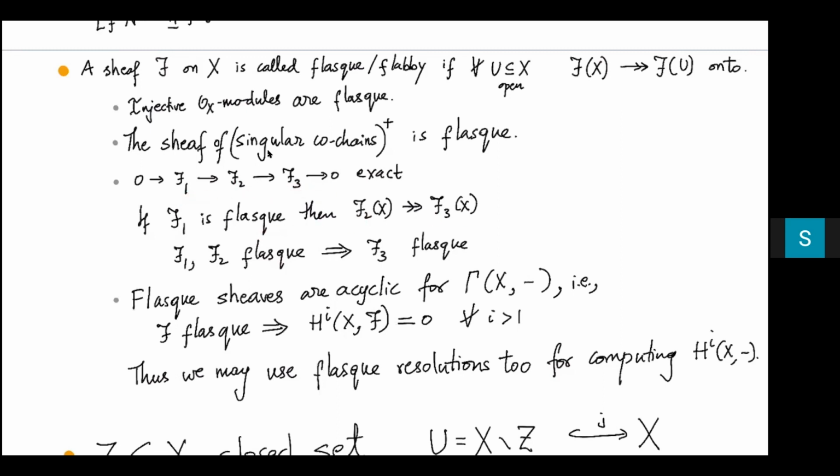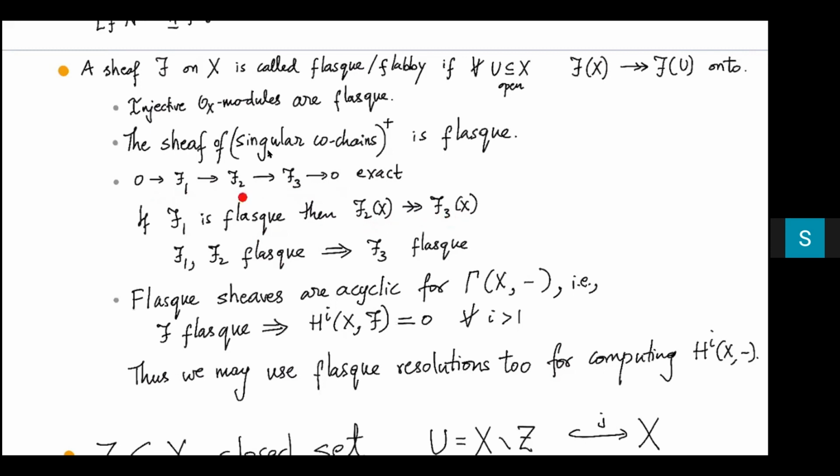We know that the map of global sections for any short exact sequence of sheaves is always left exact. The problem is exactness on the right, and that is what we saw for the exponential sequence and for various other sequences. That is the principal cause of cohomology here, and flask sheaves work well in that regard.